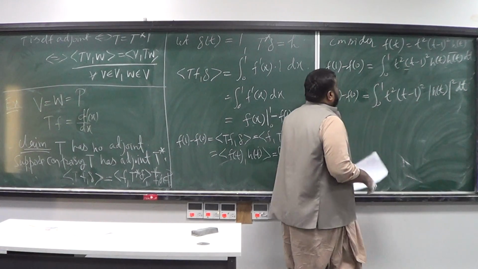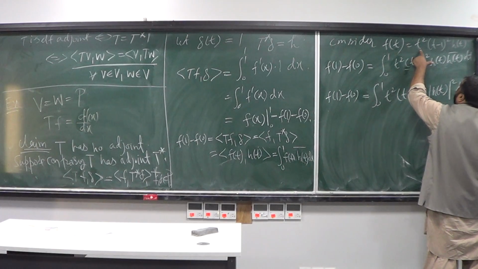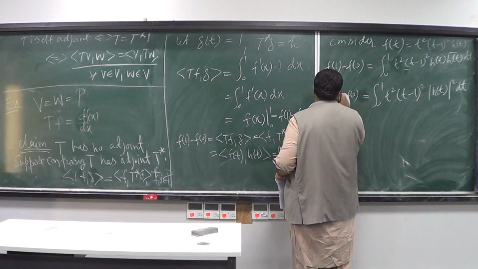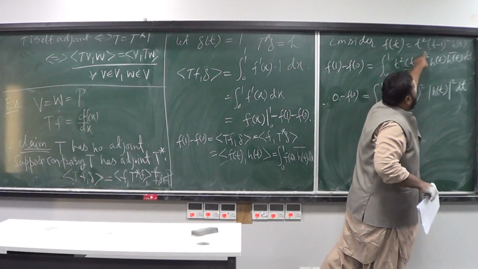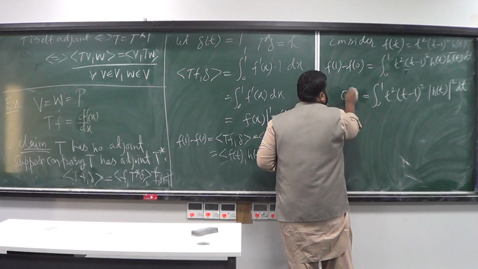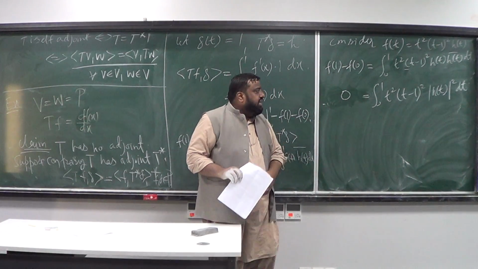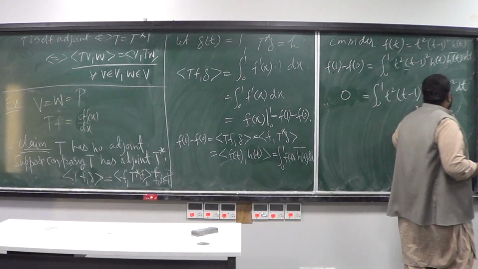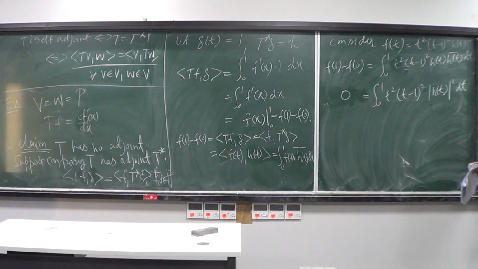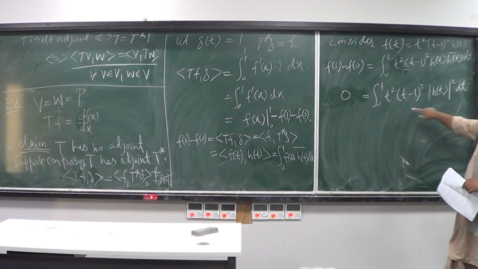By the way, if my f of t is this, what would be f of 1? It's 1 squared times (1 minus 1) squared, which is 0. What would be f of 0? It's also 0. So f of 1 is 0 and f of 0 is 0, so this is equal to 0. Now I have an integral of a non-negative function. Why? Because these are all squares, and all of these are equal to 0.